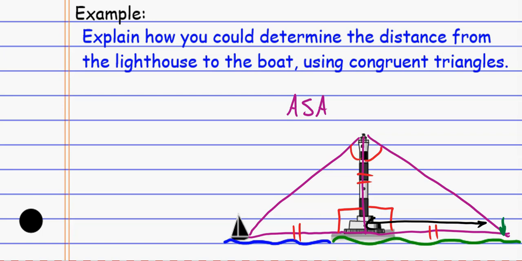Surveyors use this kind of thing all the time to measure great distances from a single location, or from locations that are easier to get to, instead of having to swim out to this boat. So when you look at this question, it's really about thinking how we can use congruent triangles and the parts of those congruent triangles to do different things in terms of measurements that maybe wouldn't be very easy without some of these strategies.